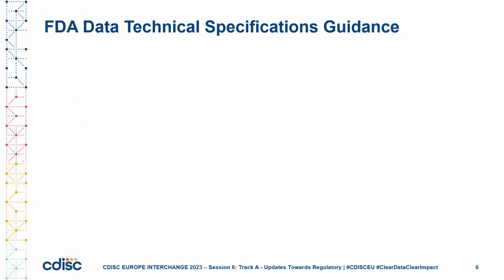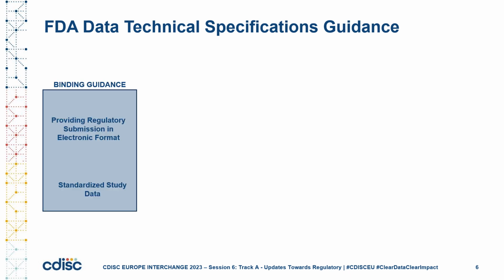Okay, let's start, as I said, by giving a quick review of the existing key requirements when submitting data to the FDA. As you know, we have two binding guidelines that have been established about 9 years ago, and they came into production 2 years later, at the end of 2016.